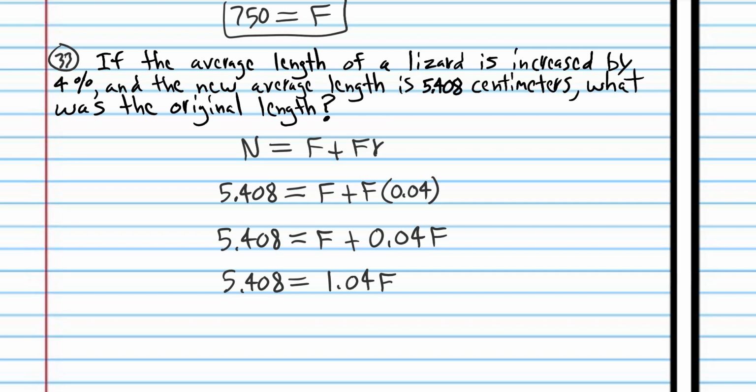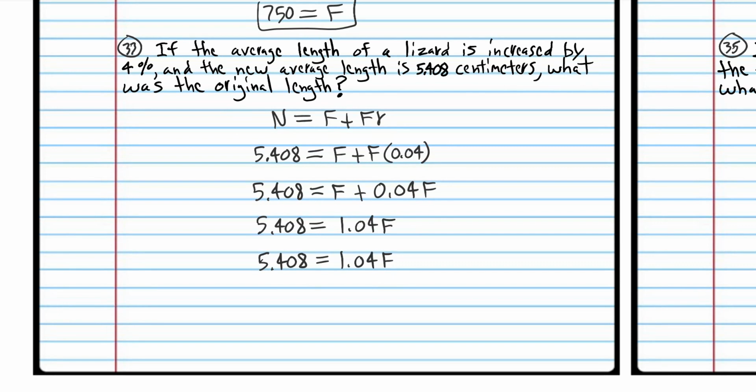All right, so now at this point we're going to perform an operation on both sides of the equation. And keep in mind that the way that we solve this equation is slightly different from the way that we solve the previous types of equations. On the previous type of equation, we were given f and we were given n. So we solved that a little bit differently.